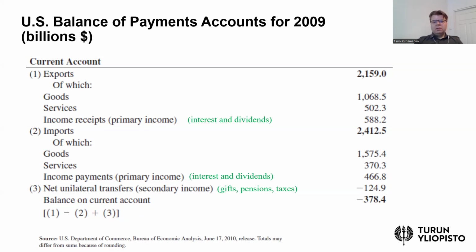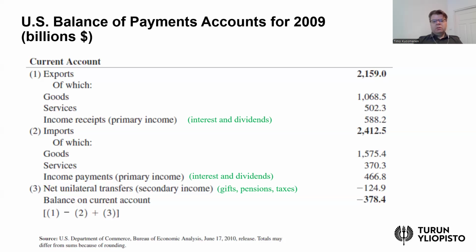So this is the current account that I previously defined as the difference of exports and imports. We can take a more detailed look at what exports more precisely consist of.